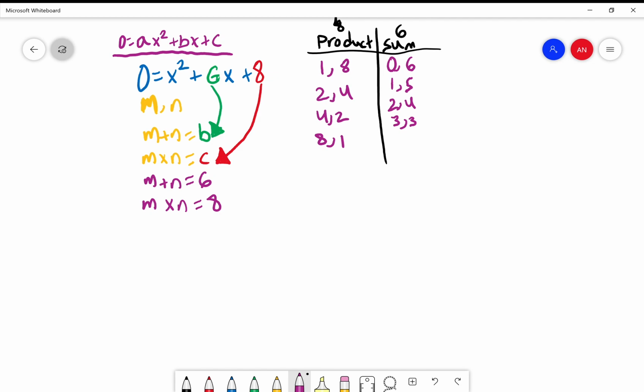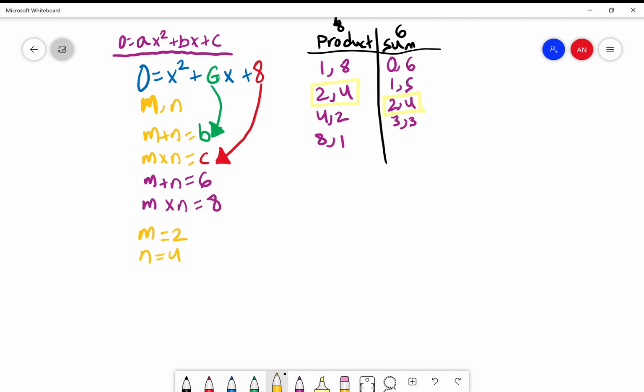So we want to find the common factor pair between both of them so they can be the magic numbers. So I notice that 2, 4 is here and 2, 4 is here. So our magic numbers are 2 and 4. Doesn't matter in which order, so we'll call them m is equal to 2 and n is equal to 4.